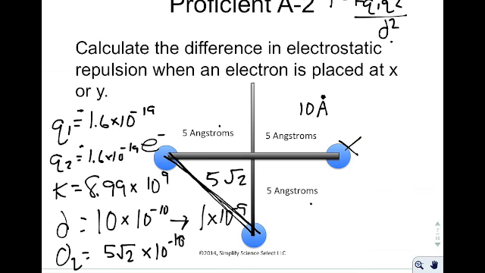And some of you are going to say, what, 5 times 2 radical 2? You can go ahead and simplify it. 5 times radical 2. Radical 2 is like 1.414. So you can go ahead and figure out what it is from there. So that ends up being something like 7.07 times 10 to the negative ninth.